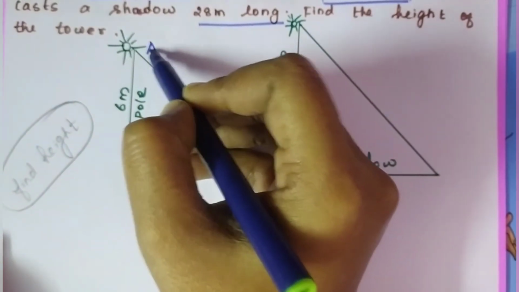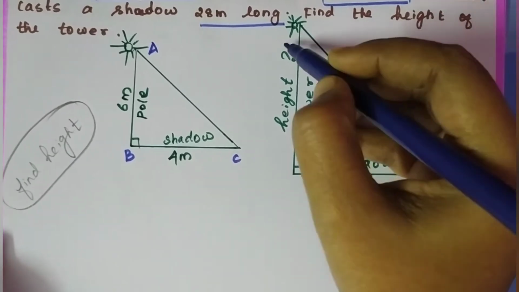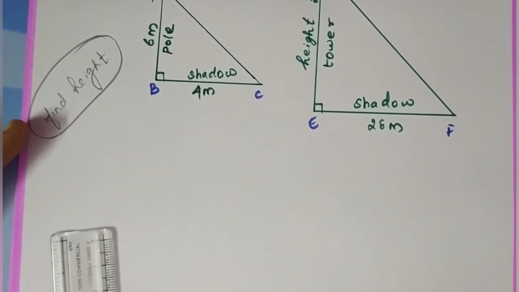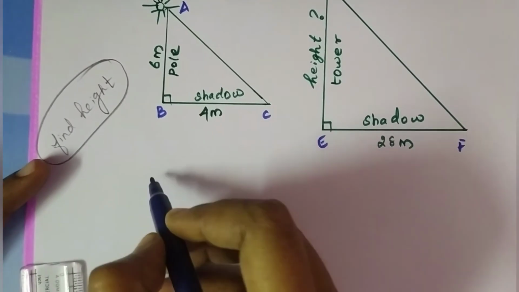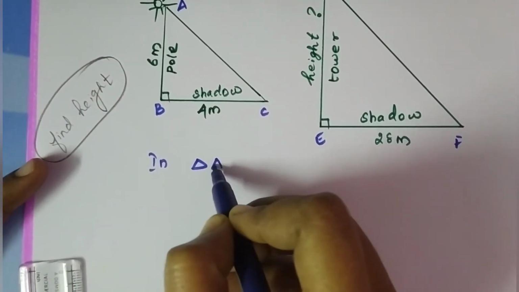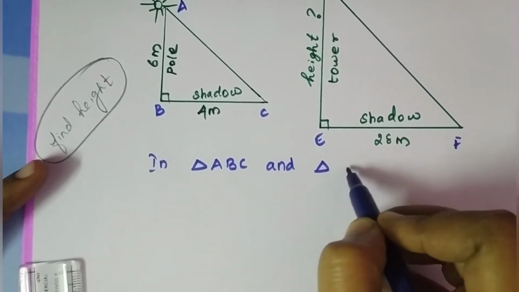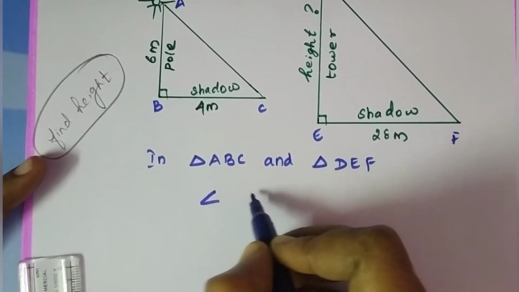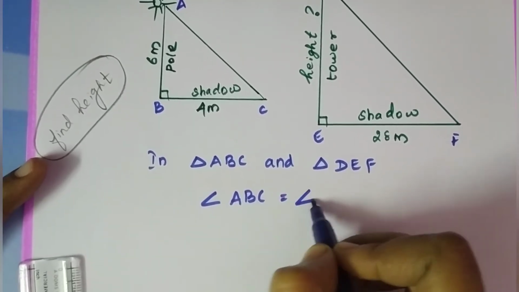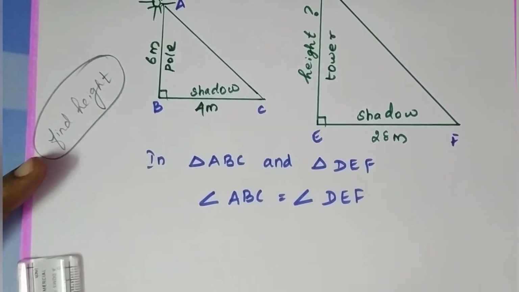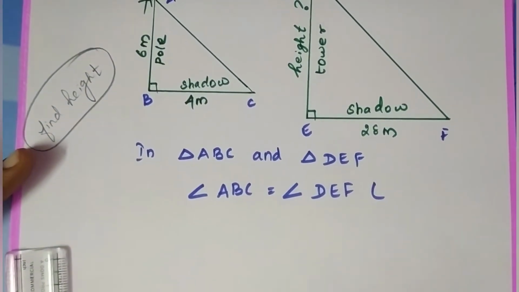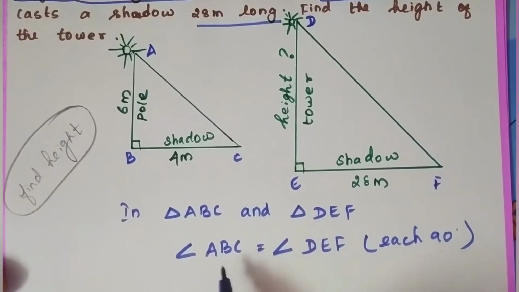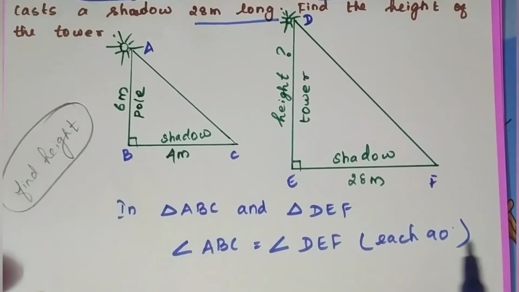Before that, I am going to name this triangle A, B, C, and this one D, E, F. In triangle ABC and triangle DEF, we know that one angle is 90 degree: angle B, and here angle E, each 90 degree.